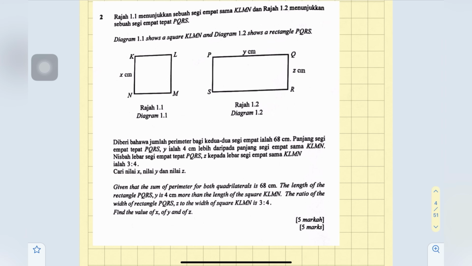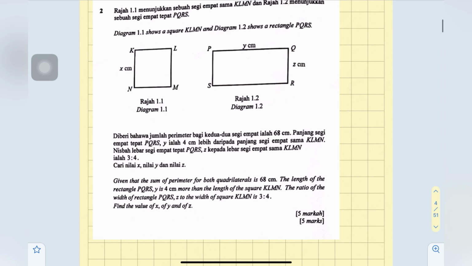The ratio of the width of rectangle PQRS, z, to the width of square KLMN is 3:4. Find the value of x, y and z. If we look here, we have 3 variables, so maybe we can use simultaneous equations to solve this. With 3 unknowns, we need to create 3 equations.